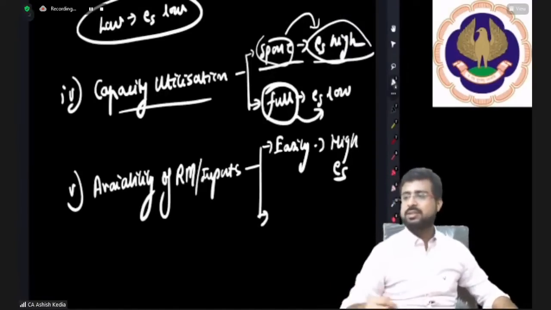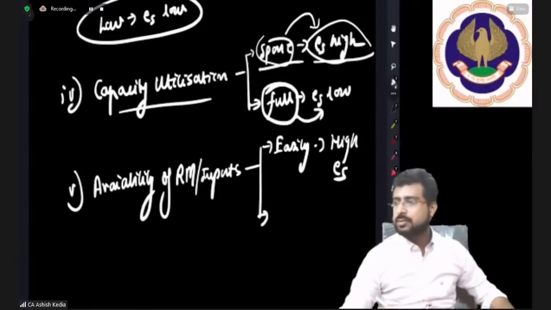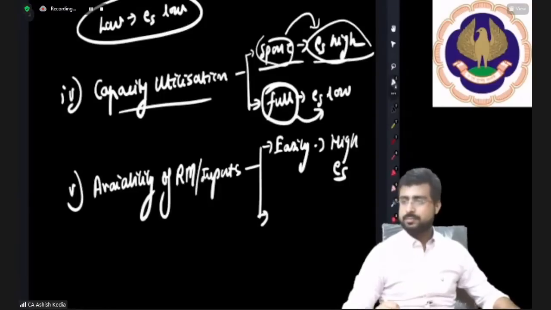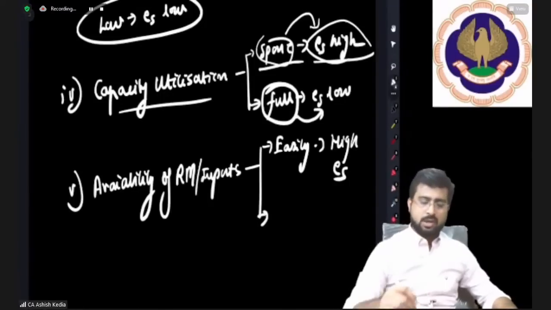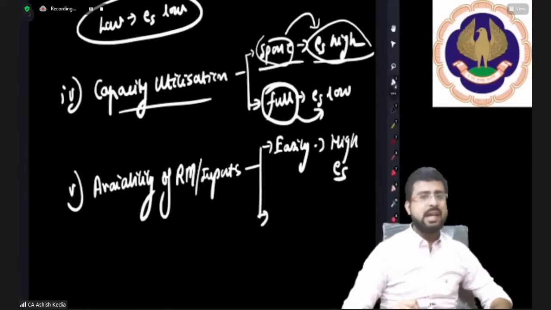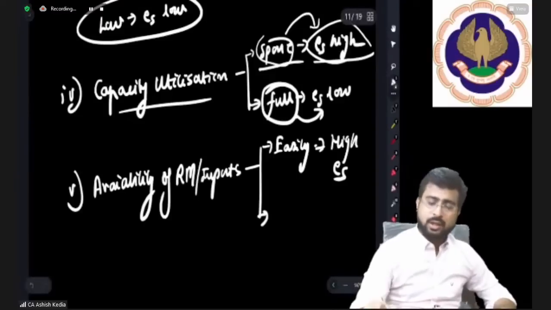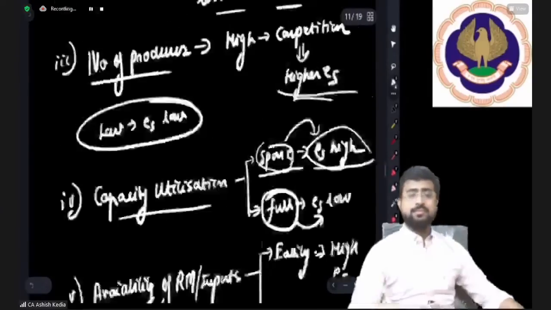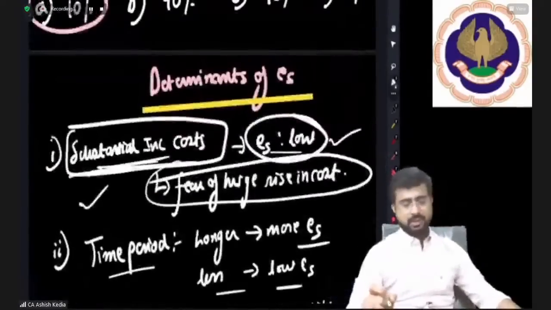Availability of raw materials easily, high elasticity of supply. If the raw materials are not easily available, then the elasticity of supply is going to be low.